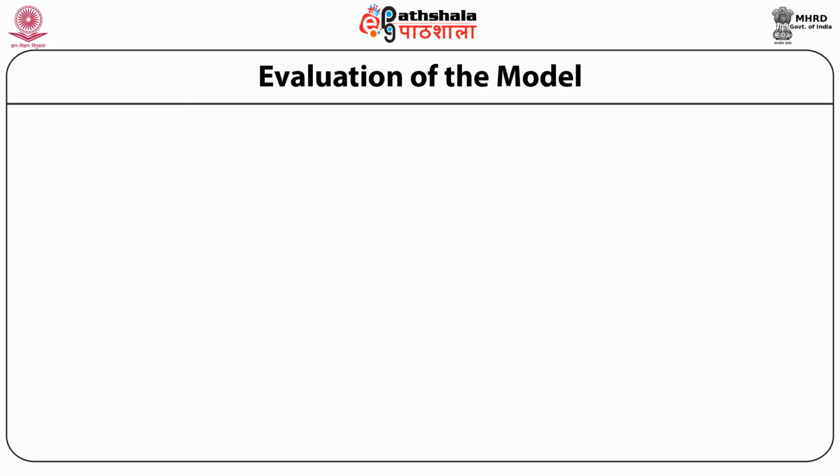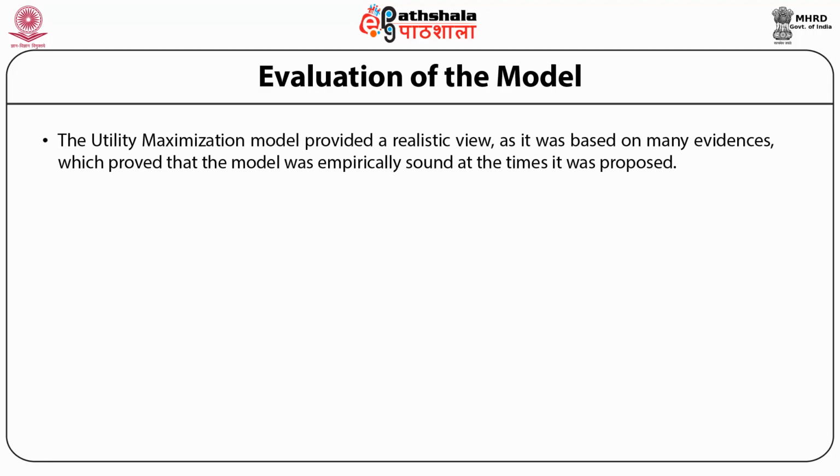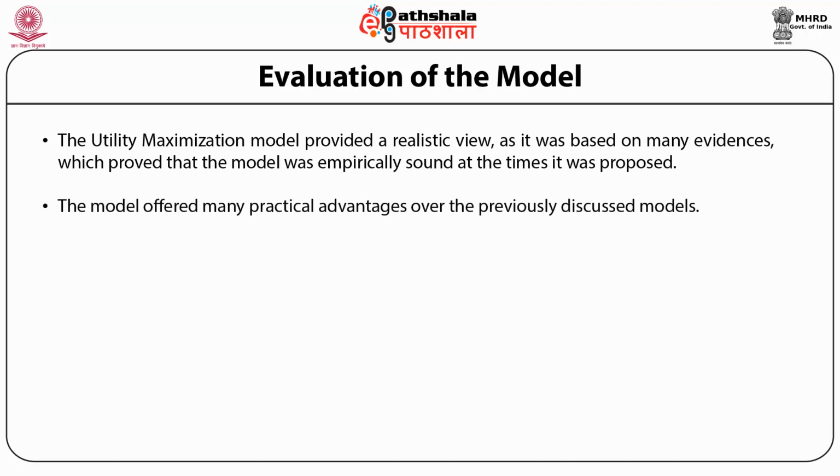Evaluation of Williamson's model. The utility maximization model provided a realistic view as it was based on many evidences, which proved that the model was empirically sound at the time it was proposed. The model offered many practical advantages over the previously discussed models.